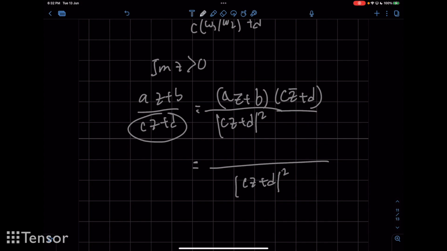We only need the imaginary part, right? So what's the imaginary part of this thing? Let's write z equals x plus iy, where x and y are the real and imaginary parts.